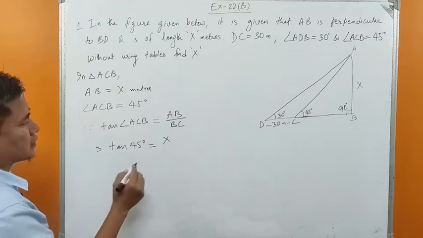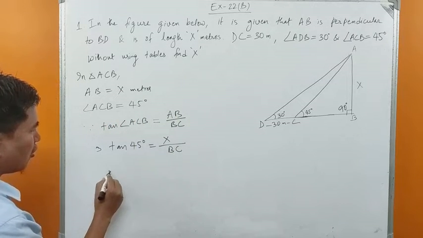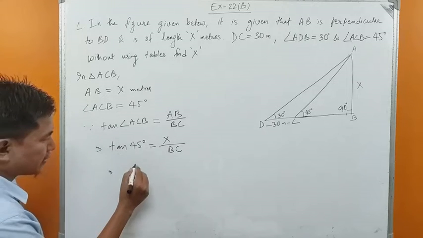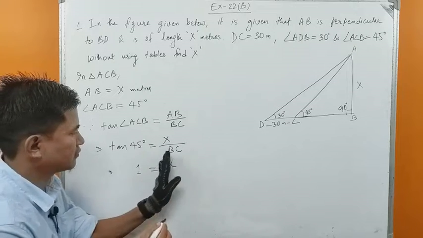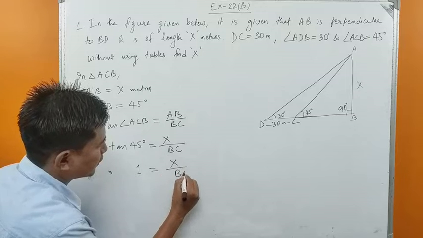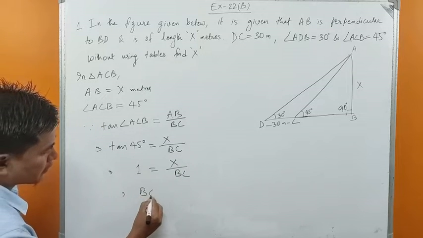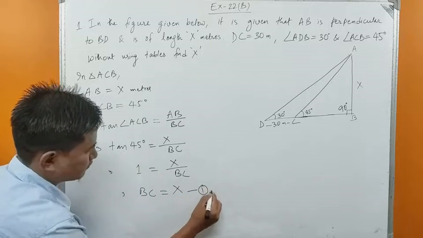AB is x meters, and BC we are trying to find. The value of tan 45 degrees is 1. So 1 equals x upon BC. Now let us cross multiply this. BC into 1 is BC. BC equals x. So this is equation 1.